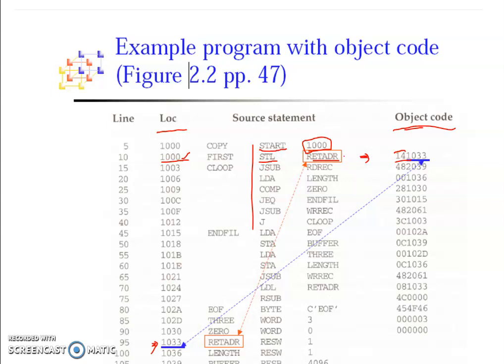So it is used earlier, but the address is defined elsewhere, that is, after the usage the address is defined for this RETADR. Why? RETADR is treated as a label used in the program, and its purpose is to store the return address value, used for returning from the subroutine that is being called.